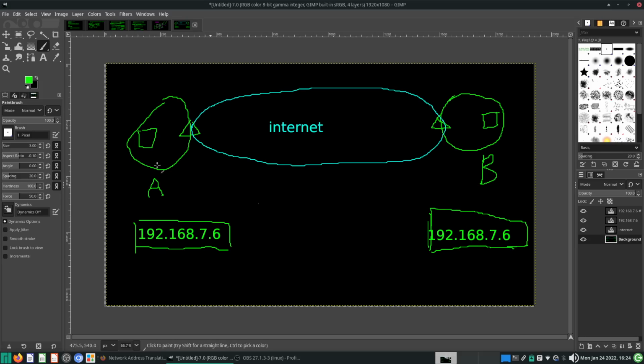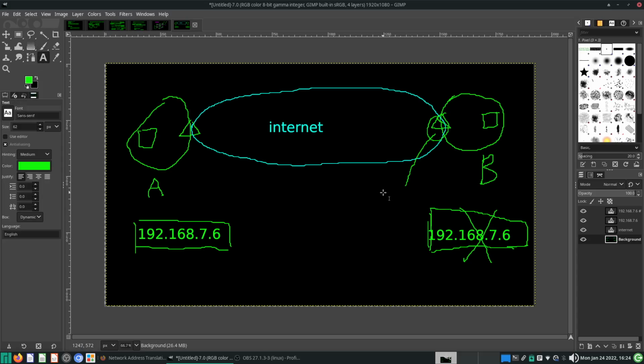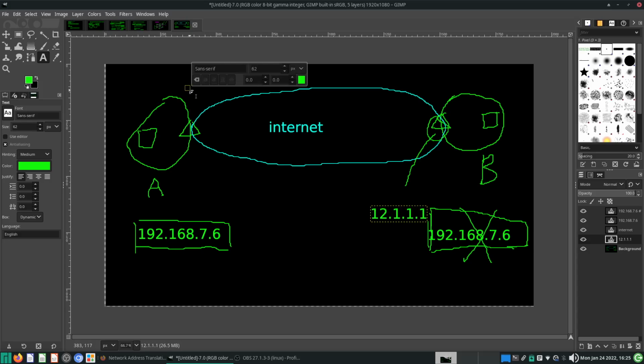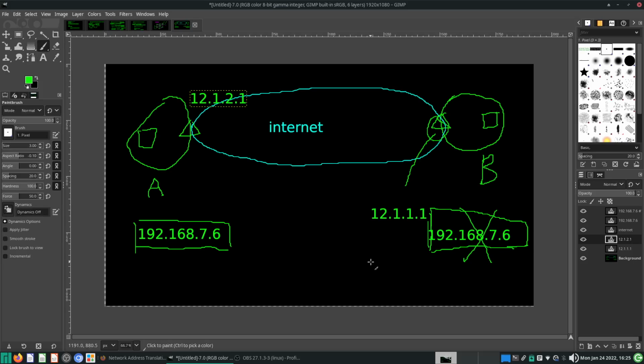So the short answer is that we don't use this IP address in our IP datagram. Instead we use the IP address of this router. Let's give a random IP address 12.1.1.1, and let's call this router address 12.1.2.1. I might confuse myself later on, but let's hope I don't.